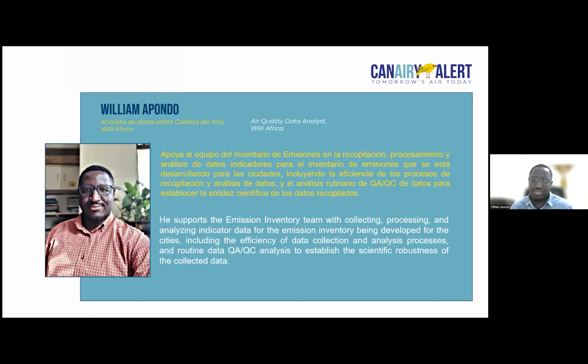The bottom-up approach looks at the region of interest, for example, the city, that is divided into various wards and sub-counties, and then we identify the priority areas of interest, which are the various sectors that we are currently collecting data on: household, industries, transport, eateries, and also waste burning.